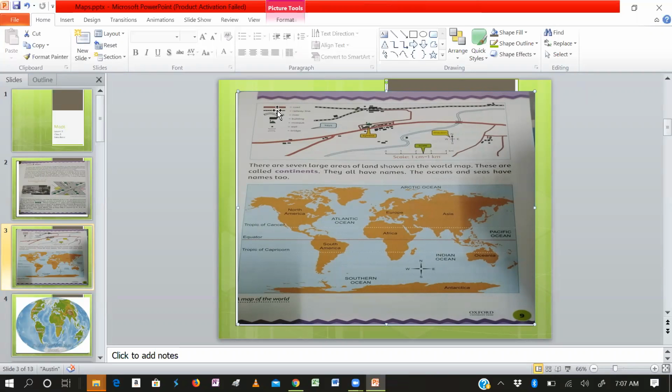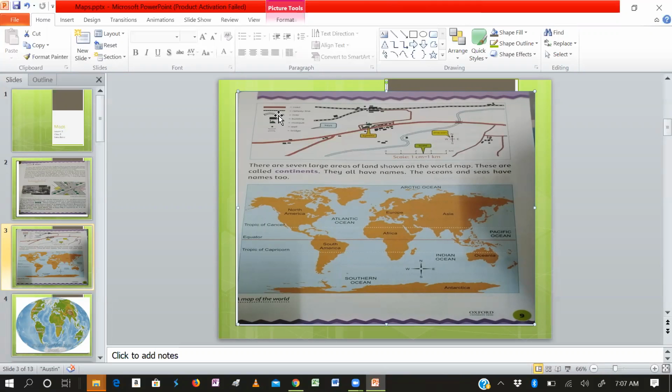This red line tells us that this is a road. Red line equals road. It means wherever in the map you find this red line, take it as a road. The symbol has been shown and its name has been told to us in the key of the map. All the red lines, wherever you find them in the map, are roads.